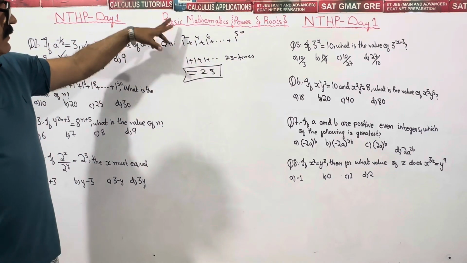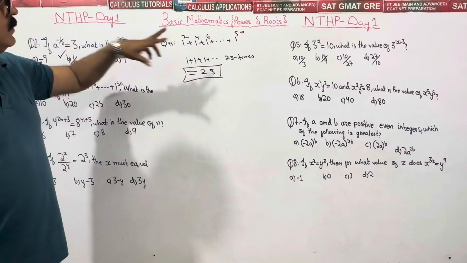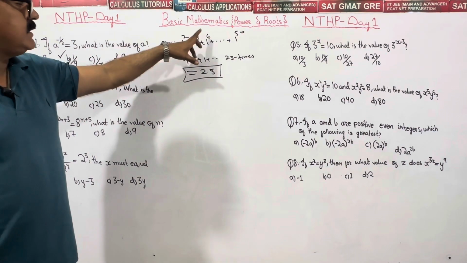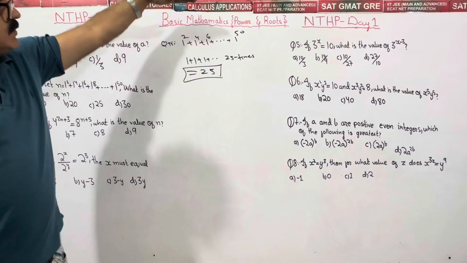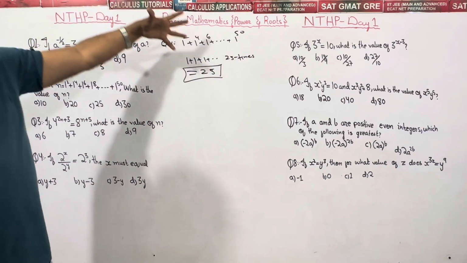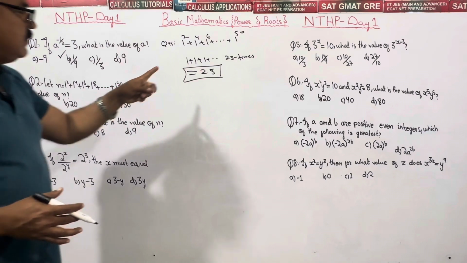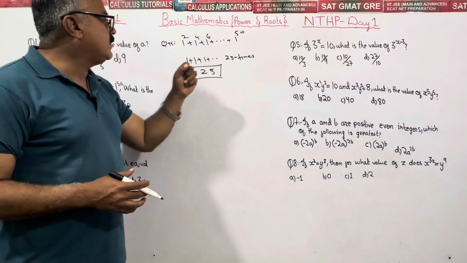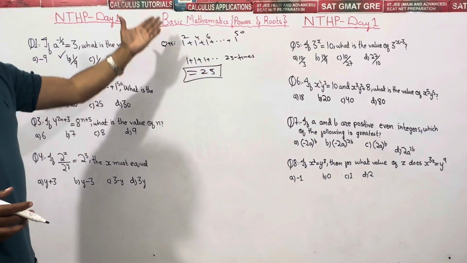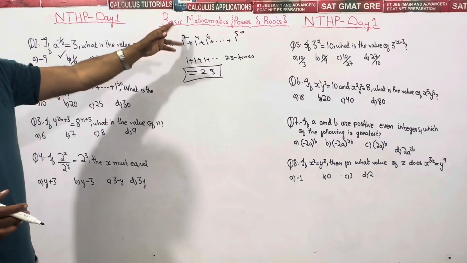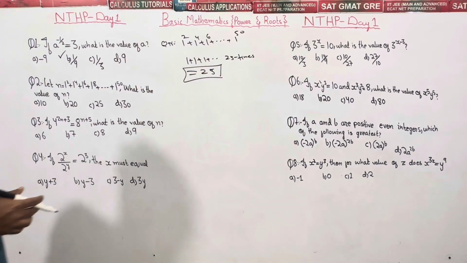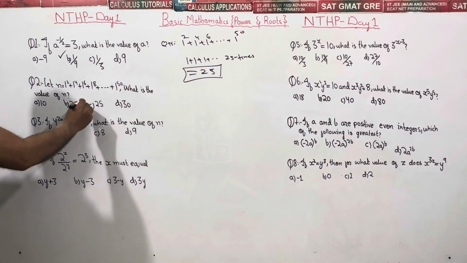Only even powers are given to us: 1 raised to 2, 1 raised to 4, 1 raised to 6 up to 50, and half of the first 50 are even. So 1 plus 1 plus 1 is 25 times, because 1 raised to any power gives us 1. So 25 is our answer in that case.